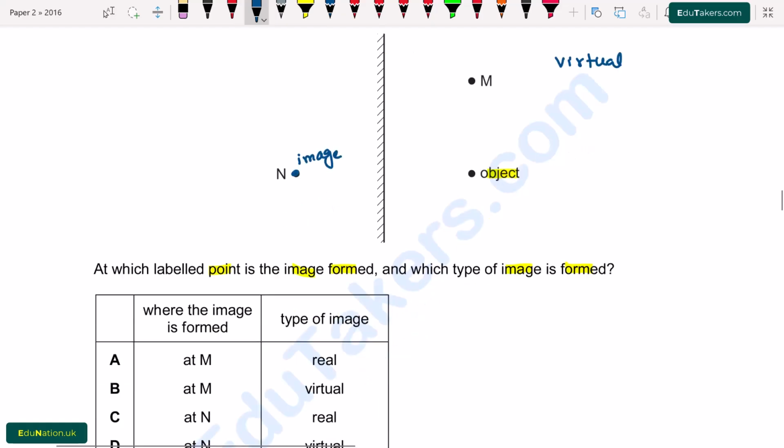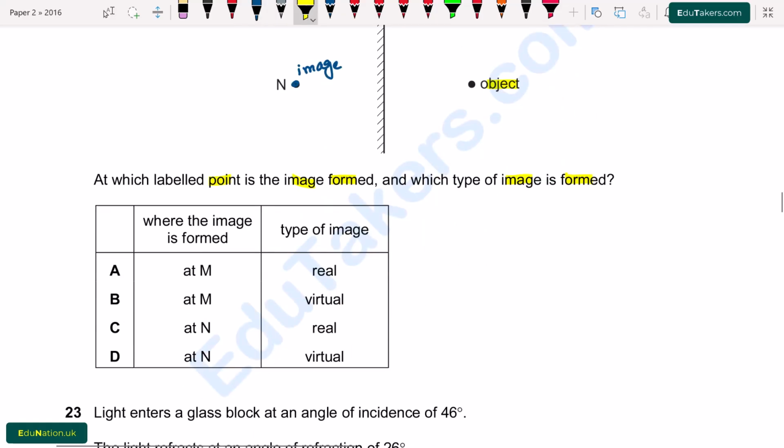Now we see the options, where the image is formed and the type of image. Option A, M, real. B, at M and virtual. C, at N, real. D, at N and virtual. So option D is correct from here because the image is virtual and the image is formed at the point N.